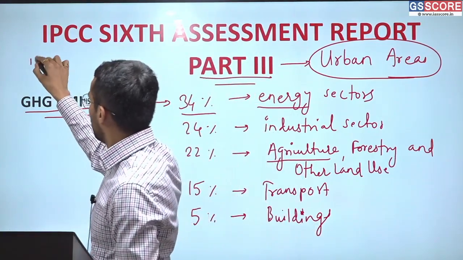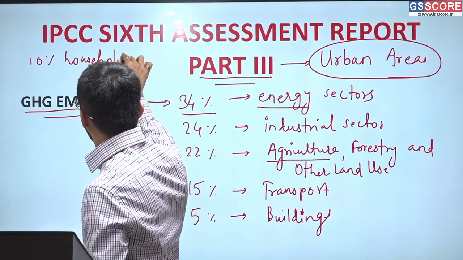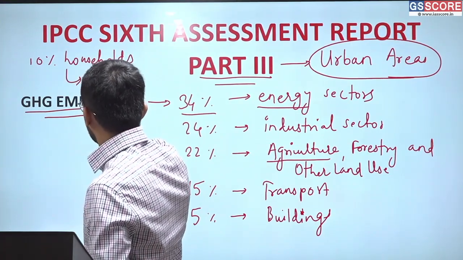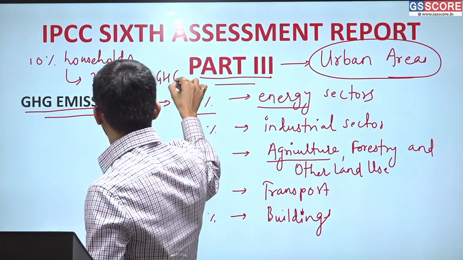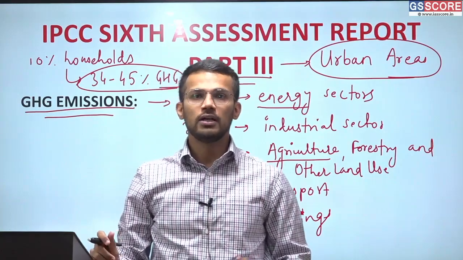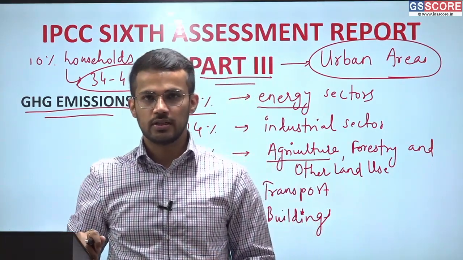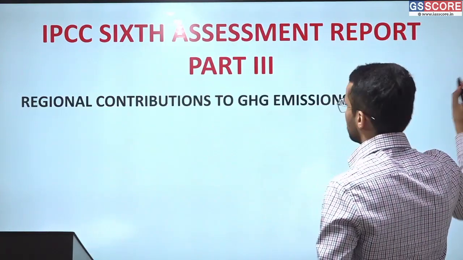So 10% of the households are contributing 34 to 45% of greenhouse gas emissions annually. So that is the contribution of 10% of households, right? So these are the contributions of different sectors.